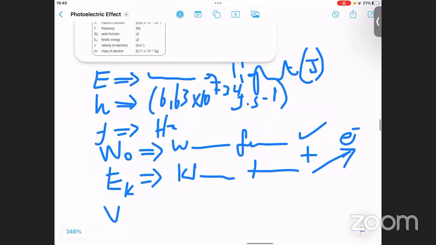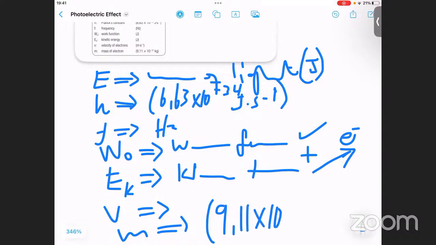The obvious thing is V. We know m is equal to what? Again, we know it is the mass. Mass of what? Here we're talking about electrons, honorable members. So that means the mass of one electron is 9.11 times 10 to the exponent negative 31 kilograms.